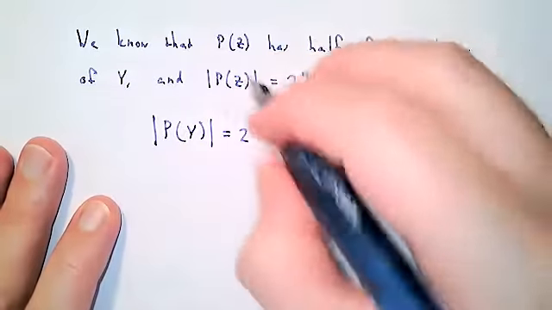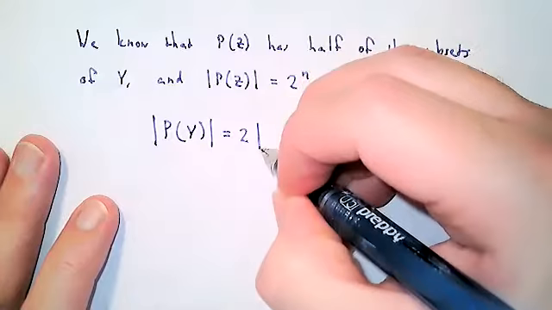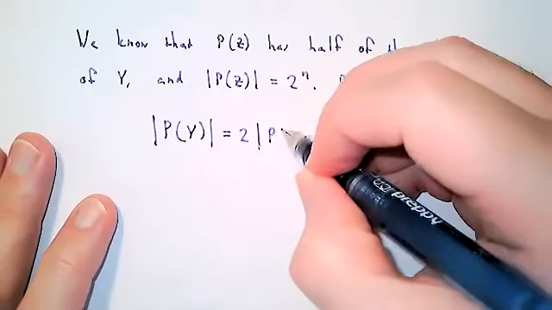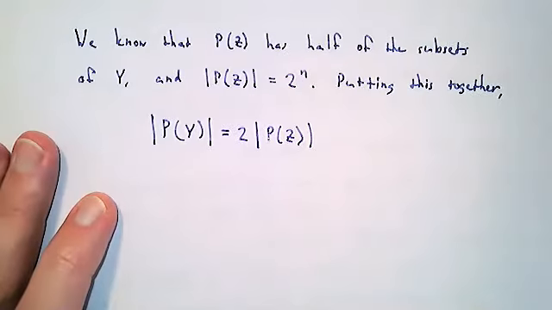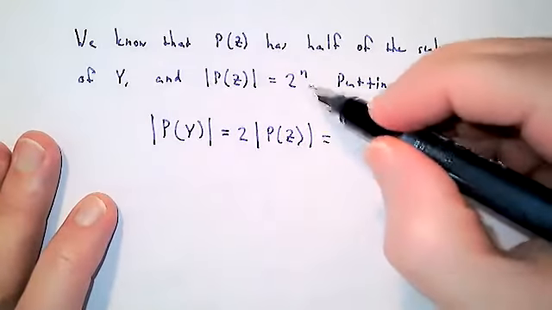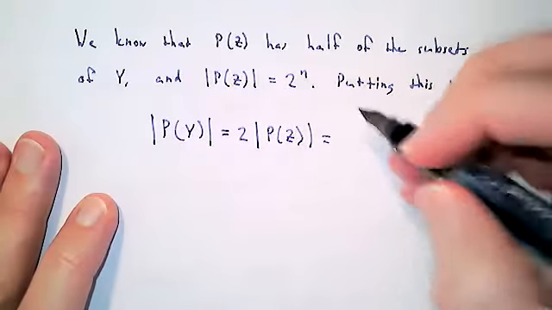So that means 2 times the number of subsets of Z will give us the answer. And then just plug that in, the 2 to the n.